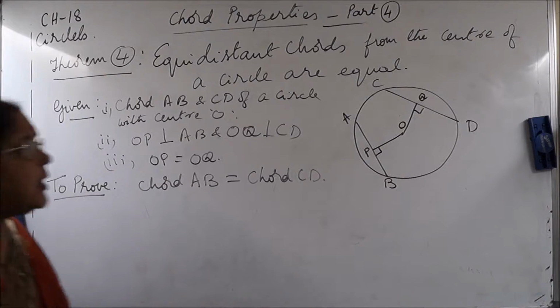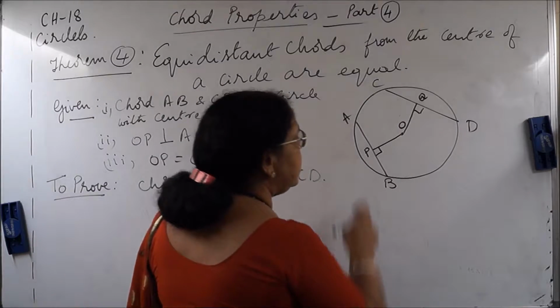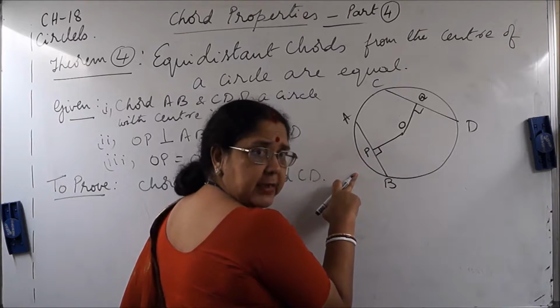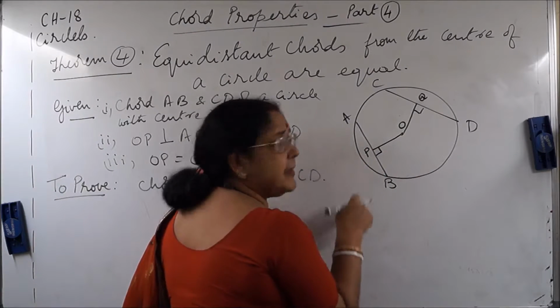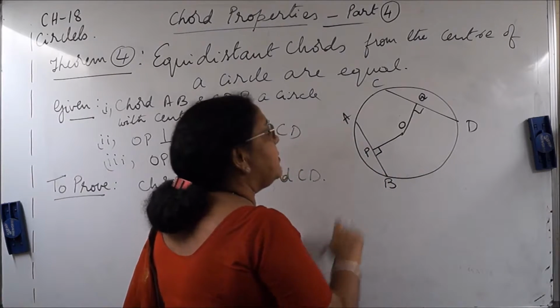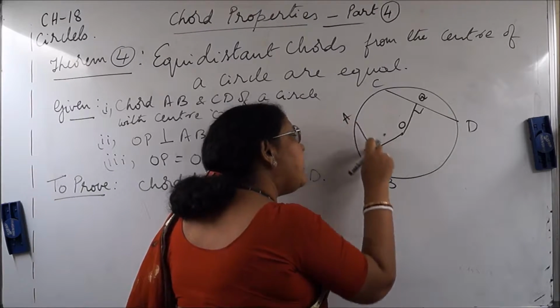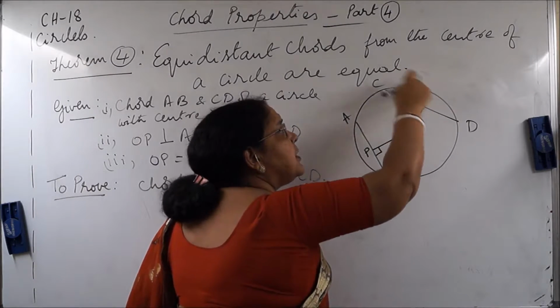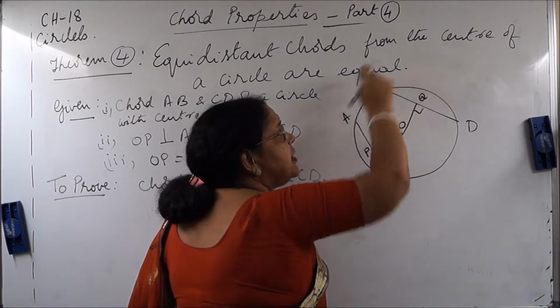What is the previous knowledge? We know that AB is a chord and OP is drawn perpendicular to AB from the center. Therefore OP will bisect AB, so P is the midpoint of AB. That means AP is equal to PB. Similarly, Q is the midpoint of CD and CQ is equal to QD.